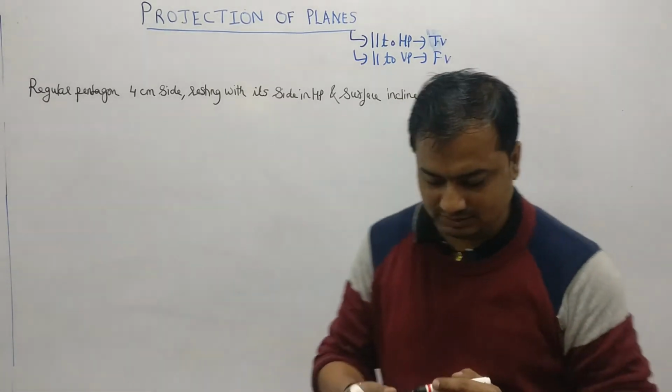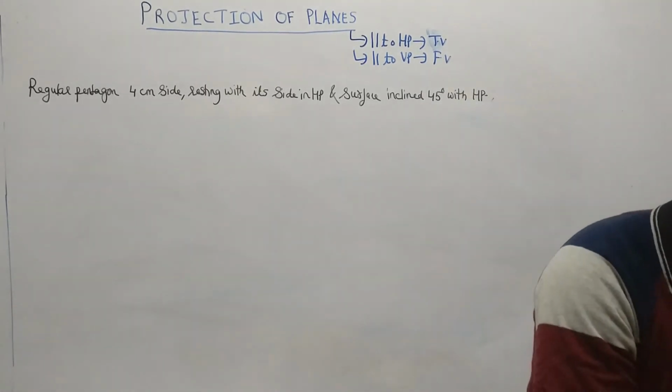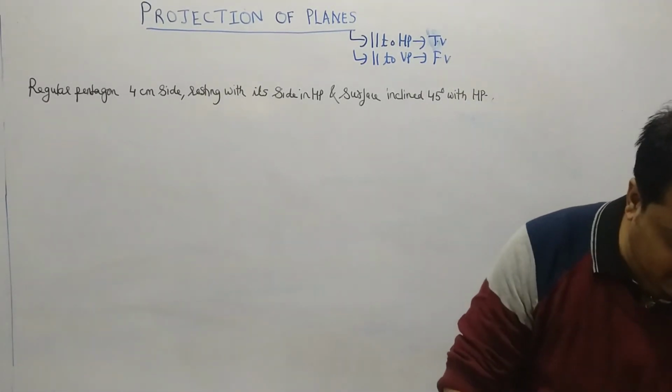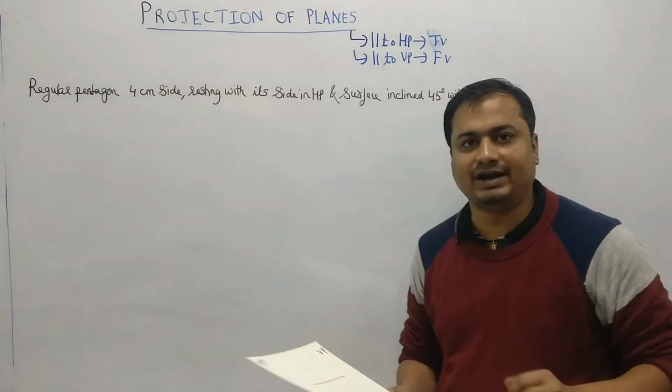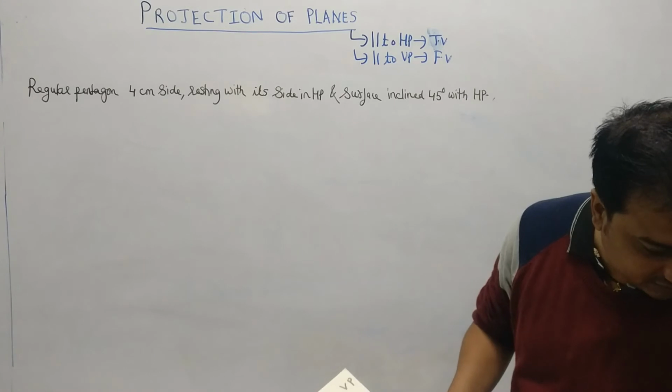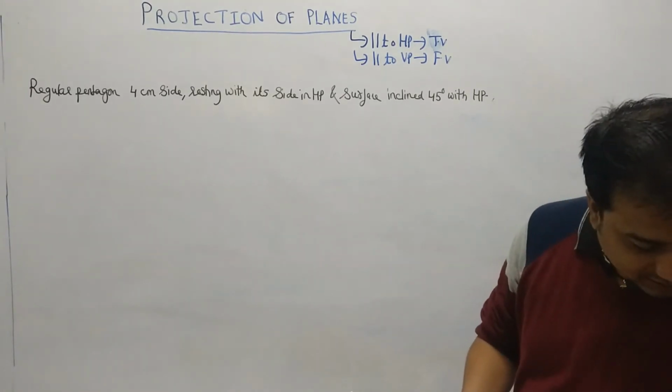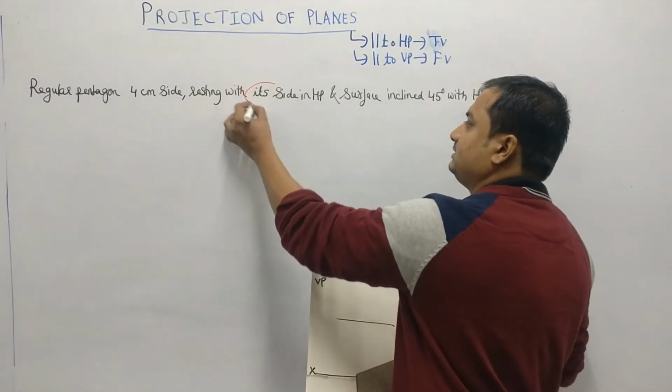So this is the problem. I have taken this to make it clear that the problem is of a regular pentagon, 4 centimeter side, resting with one of its sides. This is a very important parameter which you have to note down: resting with its side.